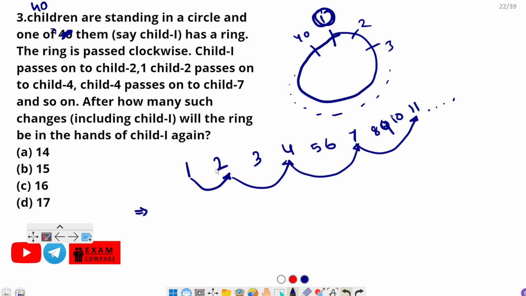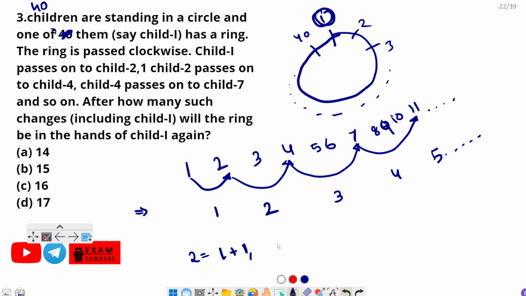Okay, the difference between these terms is 1, 2, 3, 4, 5, and so on. For finding 2, we'll add 1 to 1.